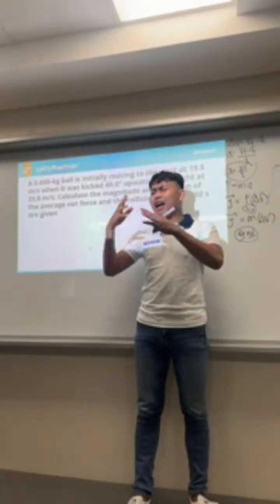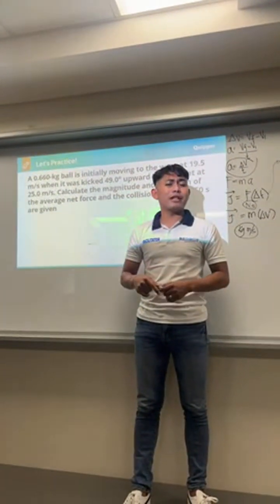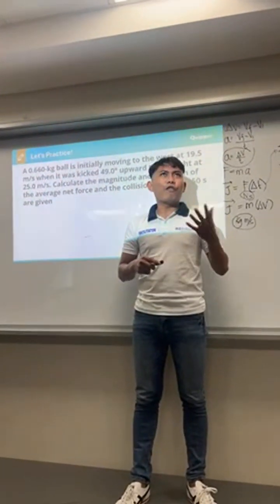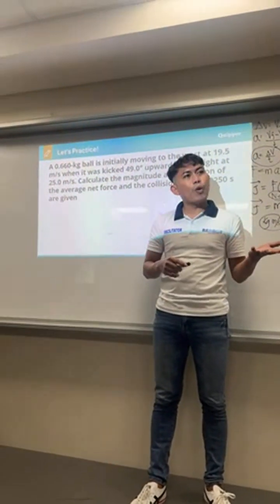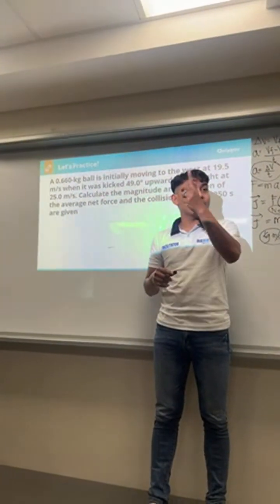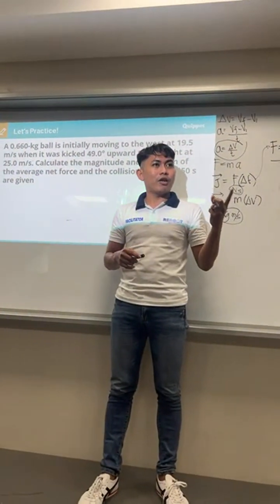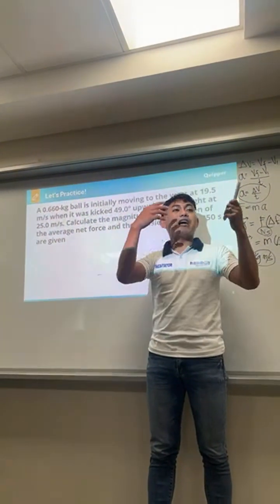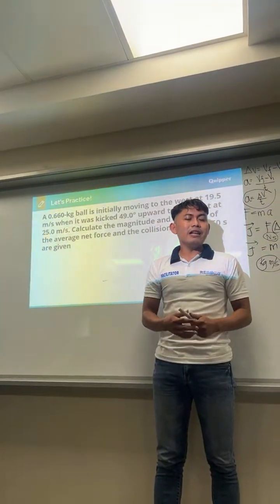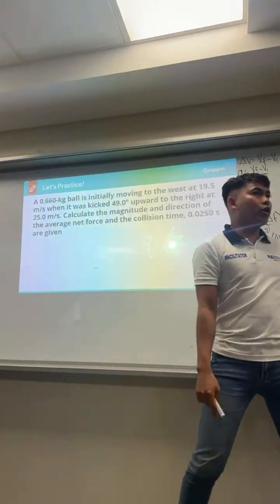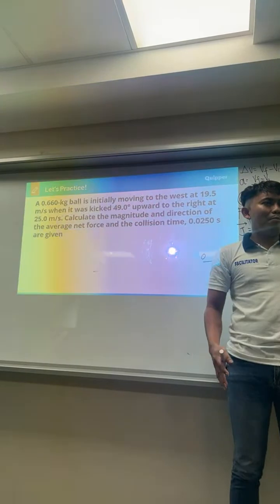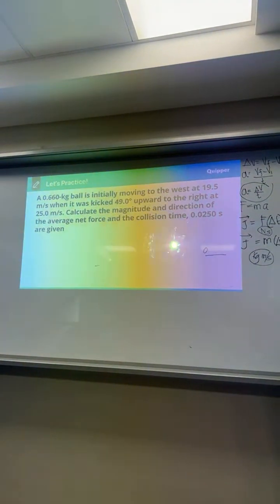So sir, na may angle na involved, ano gagawin ko namin? Are you familiar with, still recall yung to find the initial velocity of the x component, vi cos theta. For the initial velocity of y component, vi sin theta. Yan yung gagamitin ninyo. Then, impulse of x component, impulse of y component.